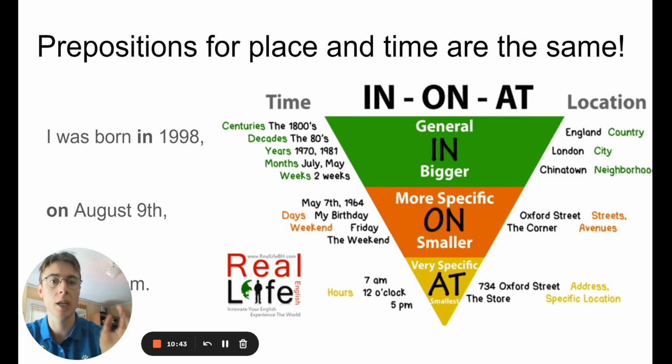I was born on August 9th. So on that one day, August 9th, and I was born at 12:45 p.m. So that's the most specific time period. So it's pretty similar, and we're lucky because that makes it a little easier to understand.